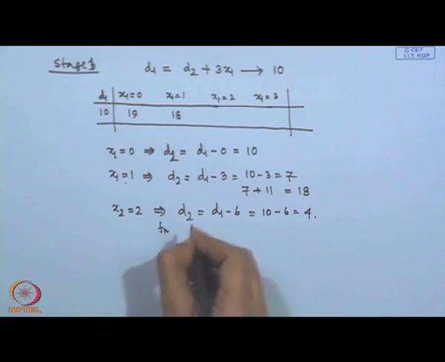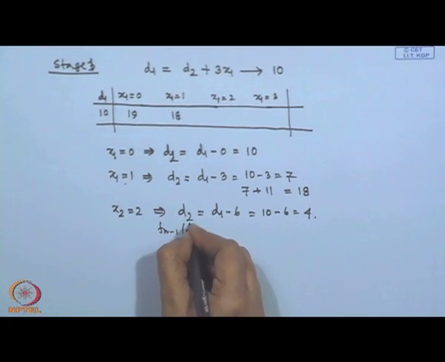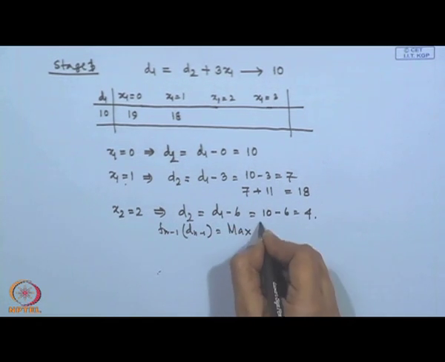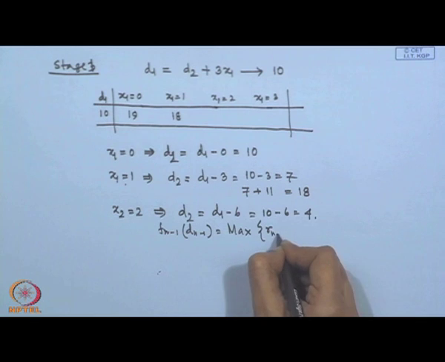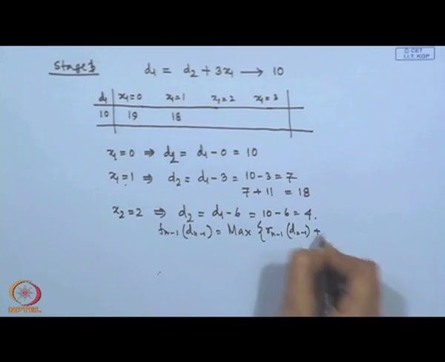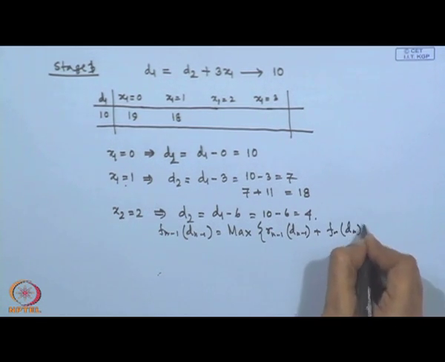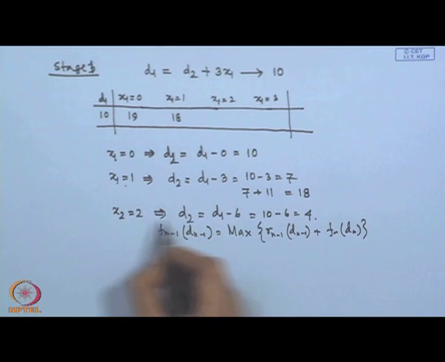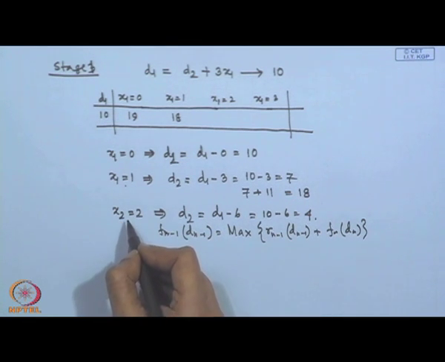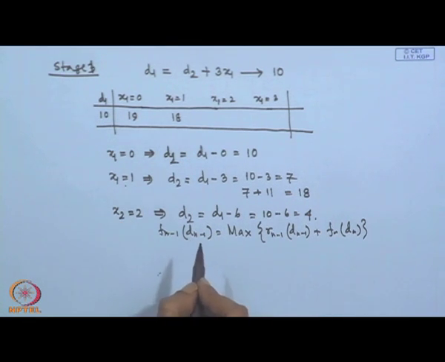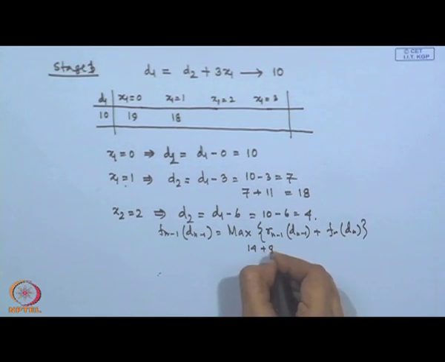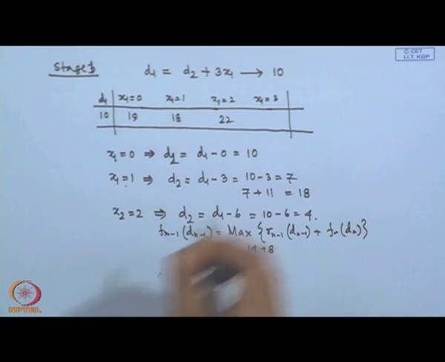If I go to the formula, f n minus 1 d n minus 1 is equal to the maximization of r n minus 1 d n minus 1 plus f n d n. Just now we have considered f n d n is equal to 8 and what about r n minus 1 d n minus 1? We are considering 2 food packs, that is why the total utility value will be 14. It is coming 14 plus 8 from here, that is 22.